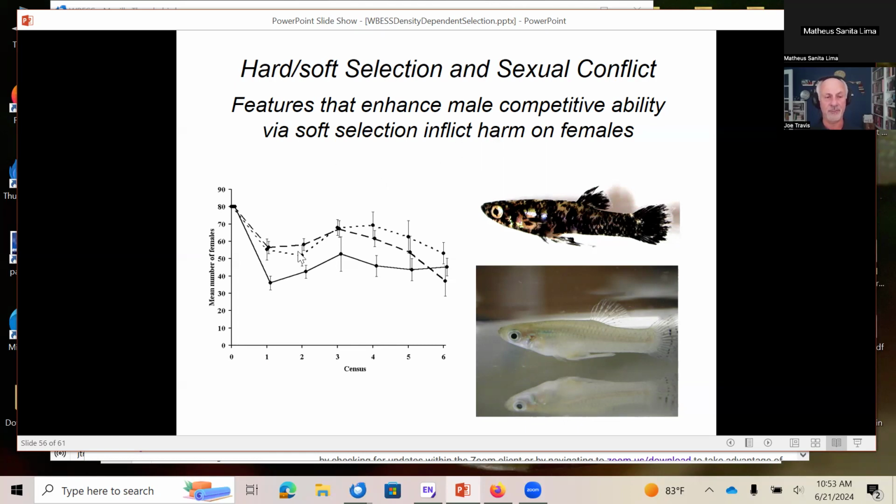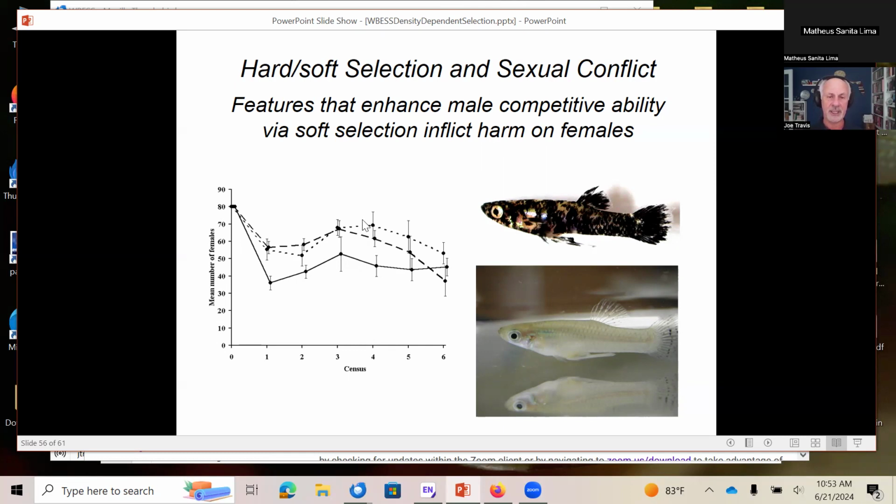The same principle. This shows you female density in experimental mesocosms, large cattle tank populations, as a function of the frequency of melanic males and typical males, what are called silver males. This is a Y-linked genetic polymorphism. And what I want you to see here is that the average female density is much lower in the solid lines. This is the population with the high frequency of melanic males.